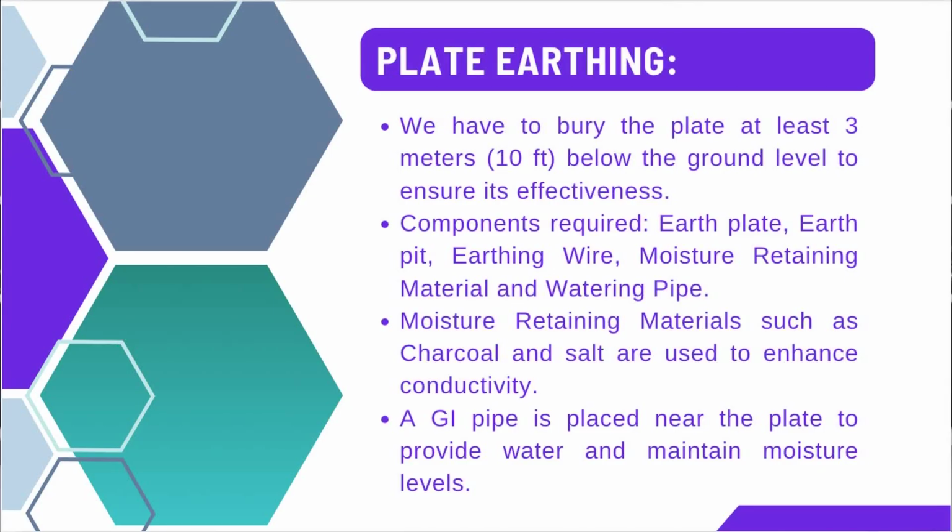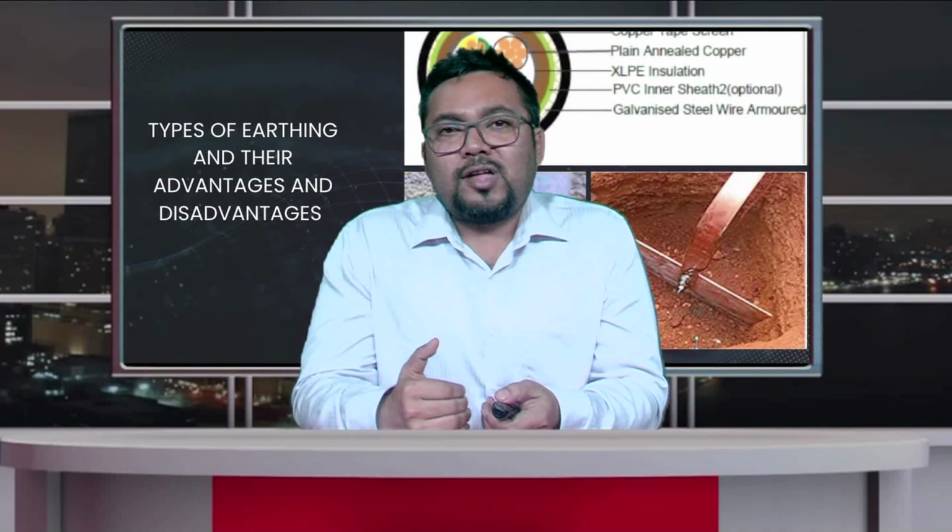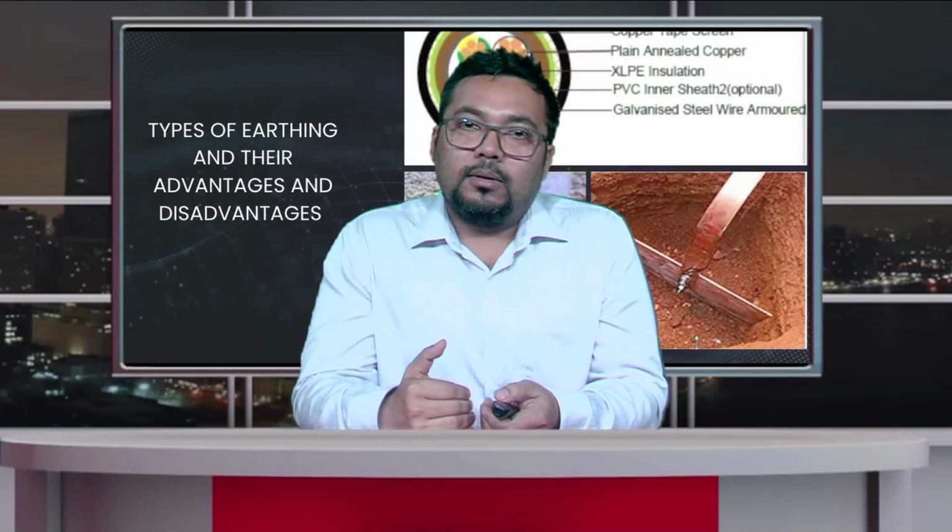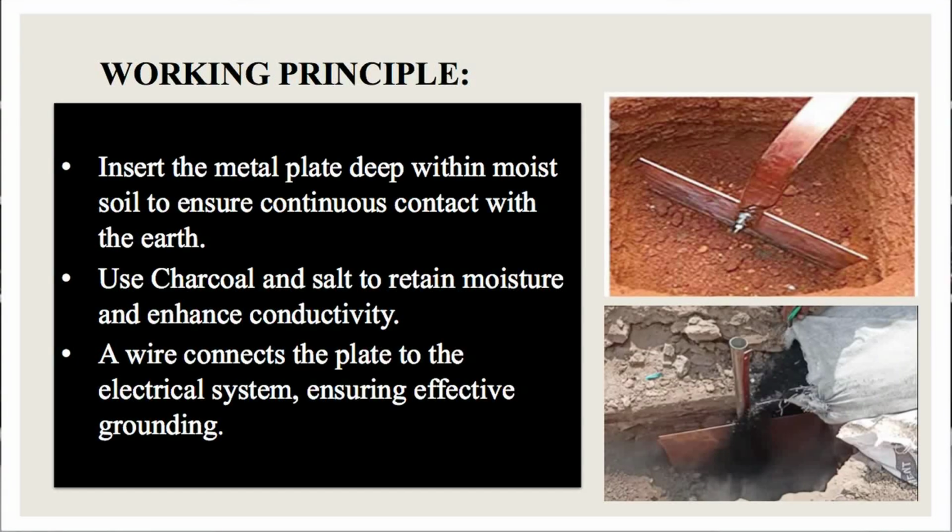Moisture retaining materials such as charcoal and salt are used to enhance conductivity. A GI pipe is placed near the plate to provide water and maintain moisture level. Now let's discuss the working principle. The metal plate is embedded deep within moist soil to ensure continuous contact with the earth.